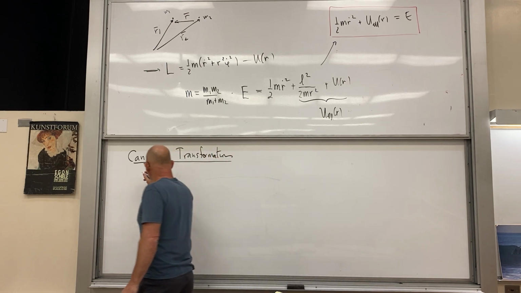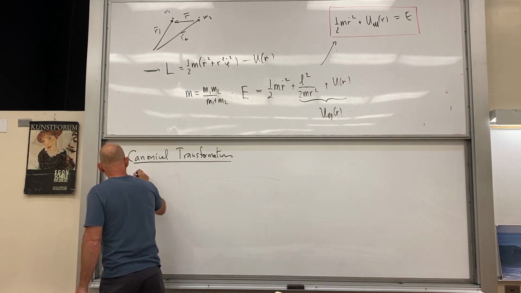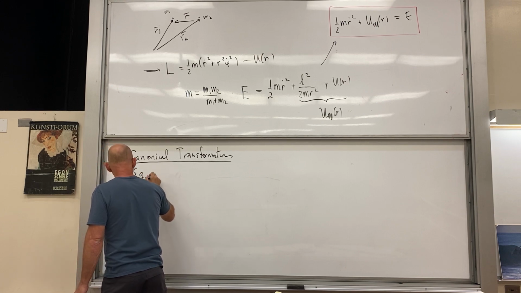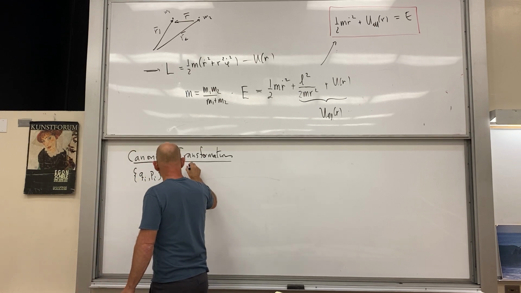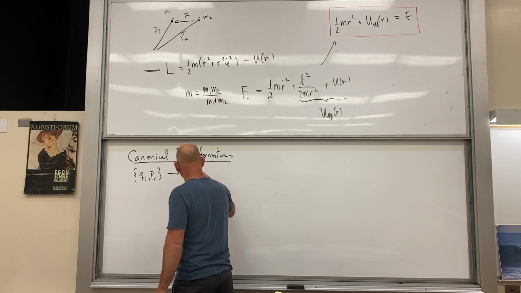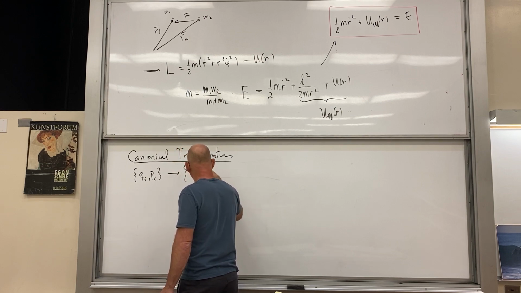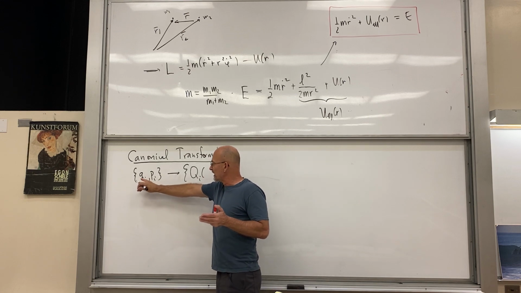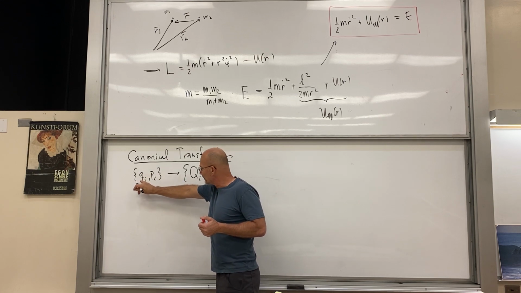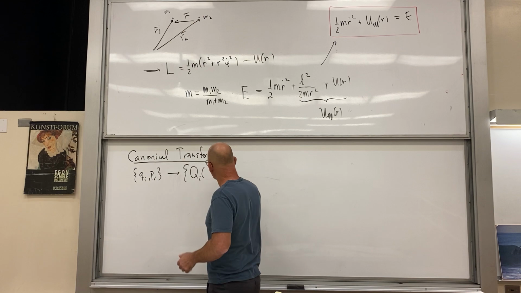And the idea was we were going from a set of q's and p's to a set of capital Q's and P's. So, in a Hamiltonian system, from coordinates and momenta to new coordinates and momenta.